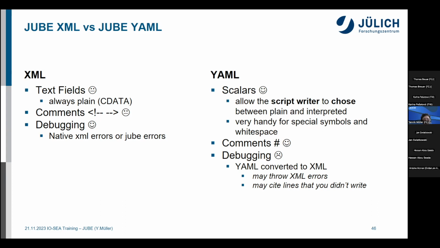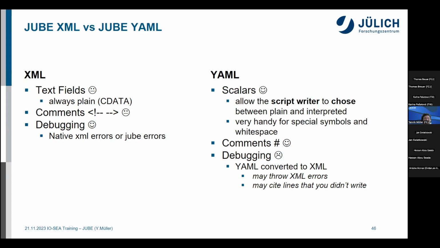This is of course highly confusing, and it's not even always the case that you can retrieve this XML translation. At this point, you basically need to know exactly what converter JUBE is using to reproduce this file, because this file might not exist anymore after this error was thrown.